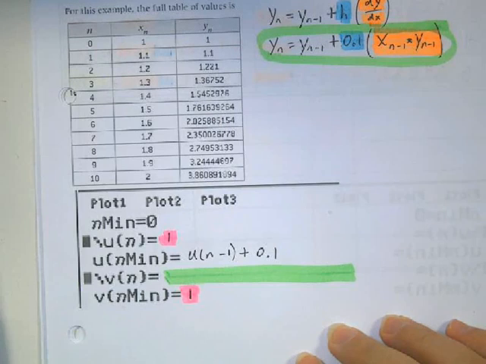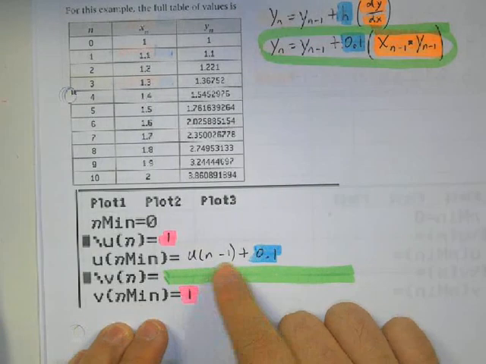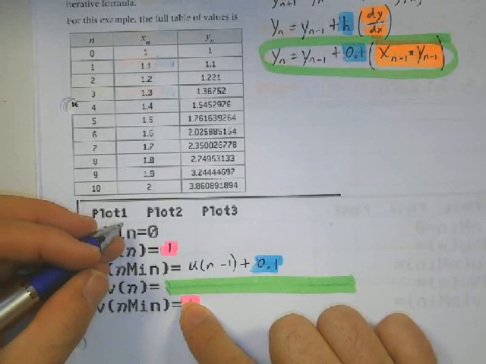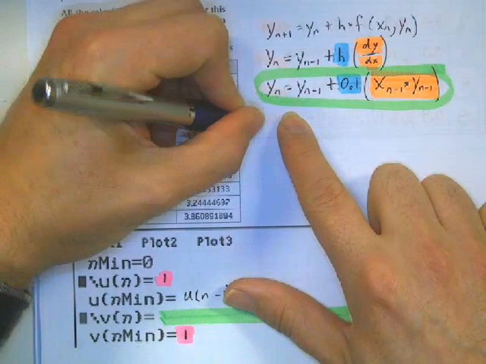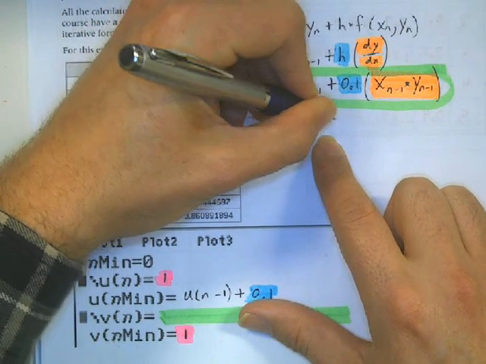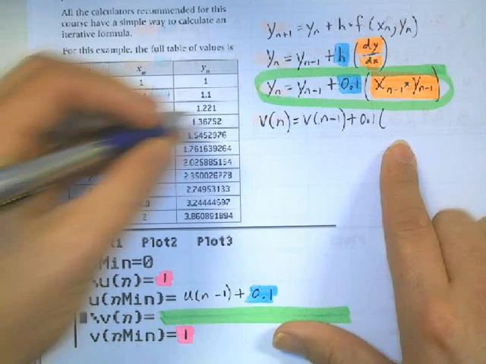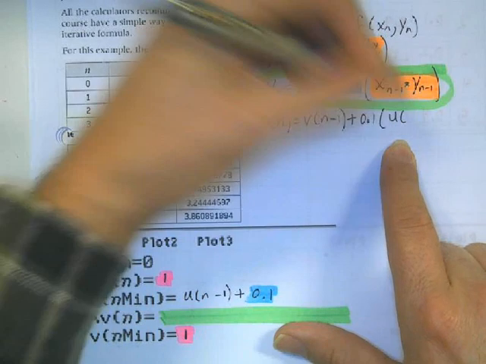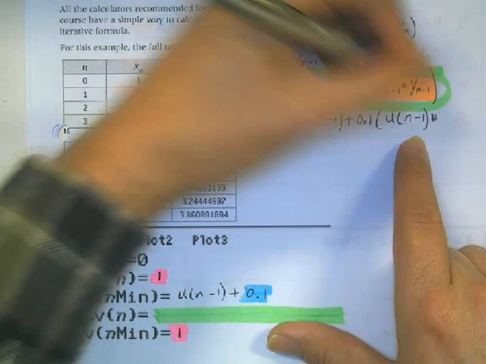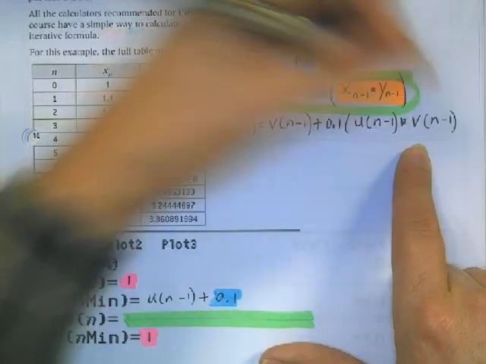We know our step size is 0.1. This part here is always going to be u of n minus 1. And now we're going to rewrite this as, I'll just write it up here in case I make a mistake, v of n equals v of n minus 1 plus 0.1 times u of n minus 1 times v of n minus 1.